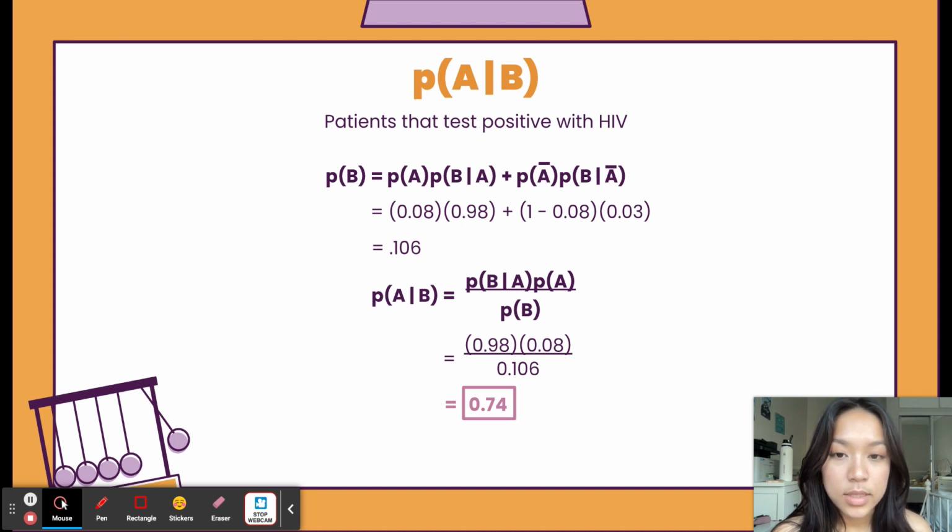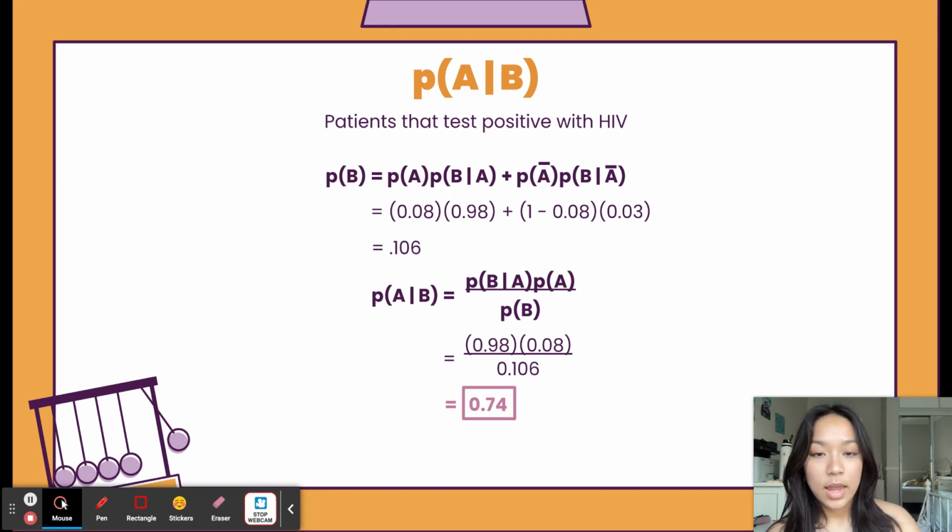The only thing that we really did have to find was A complement, which was basically 1 minus 8%. So A complement union A is just going to give us one full set. So that's how we find it. P of B is just going to be 0.106. That's not going to be our final answer, but we do use that to find A given B. So there's our equation right there, and we just plug everything in to get 74% for A given B.